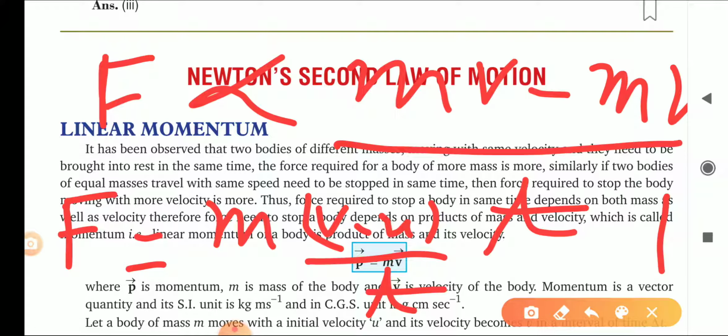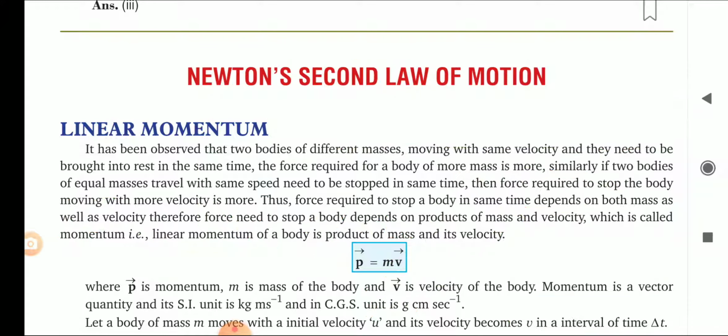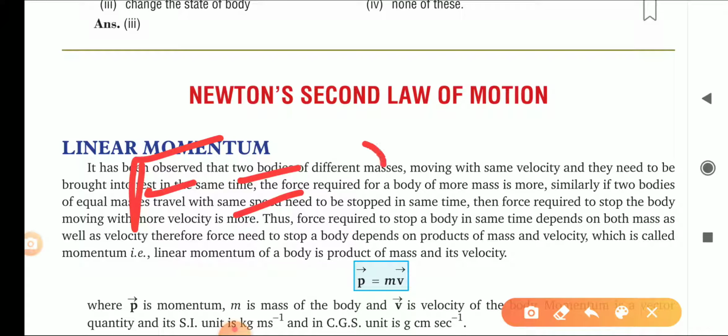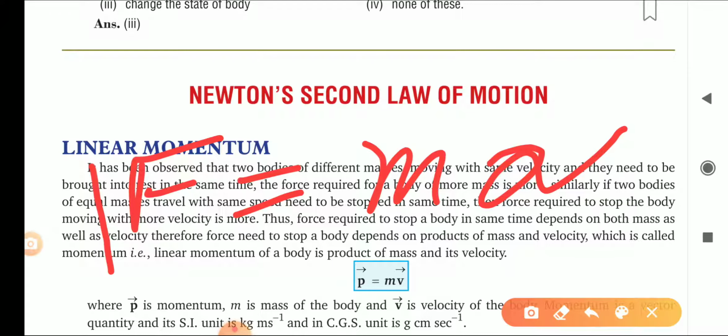So we get one equation, that is F equals ma. In this equation we got m as common and a stands for (v minus u) upon t, that is change in velocity upon time. So directly we got this, Newton's second law of motion.